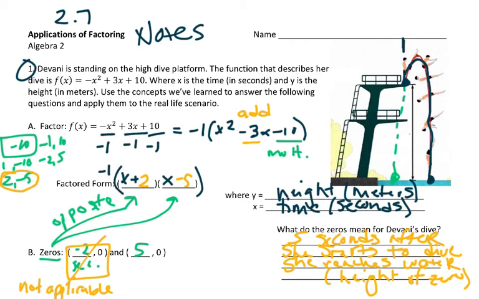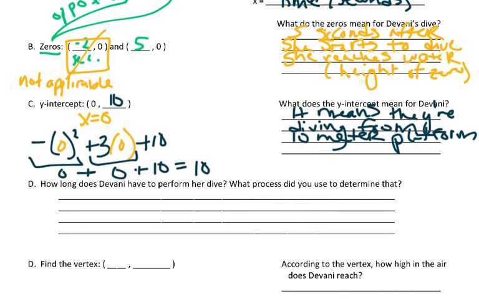So we talked about this would be time 0, and this would be time 5 seconds. Technically, this is time -2 down here. And so if you imagine it as an equation of a graph, we are looking at that as the actual dive, and then this as kind of the negative process. So officially from 0 to 5 seconds, they have 5 seconds to do the dive.